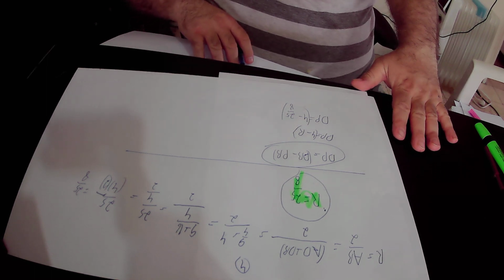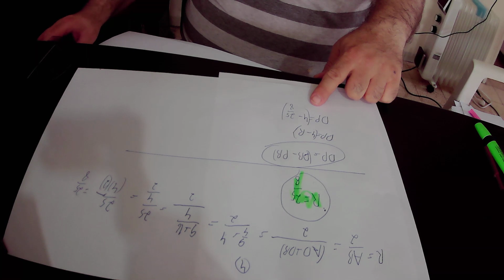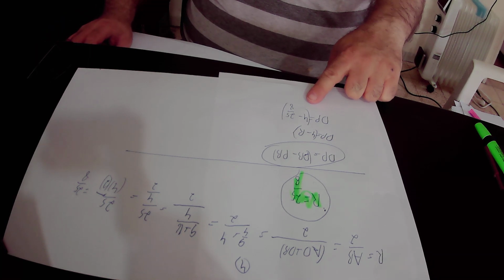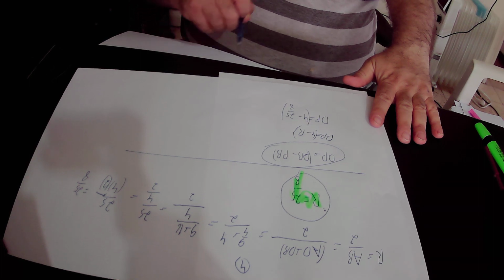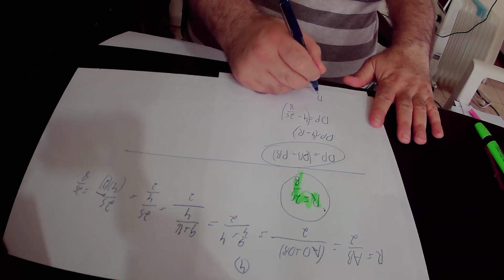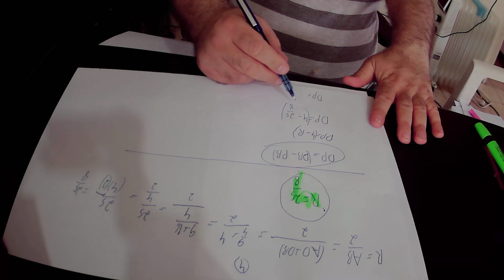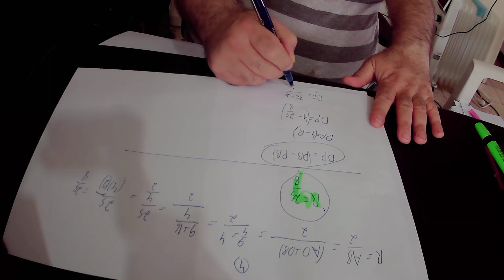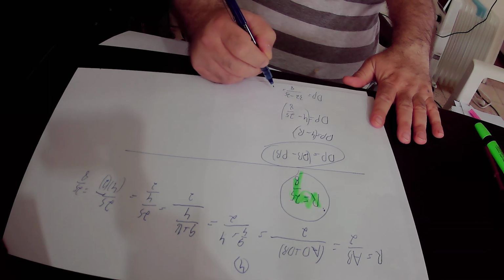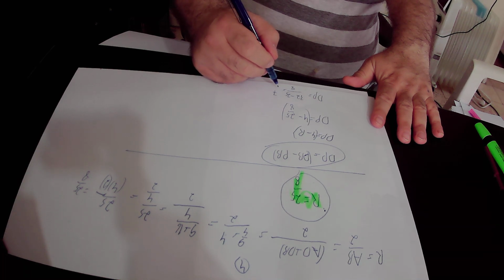So here we will multiply 4 by 8 and then divide it by 8 in order to have a common denominator with 25 over 8. And we get that DP is actually equal to 4 times 8, which is 32, minus 25, over 8. 32 minus 25 is 7. In the denominator we have 8.